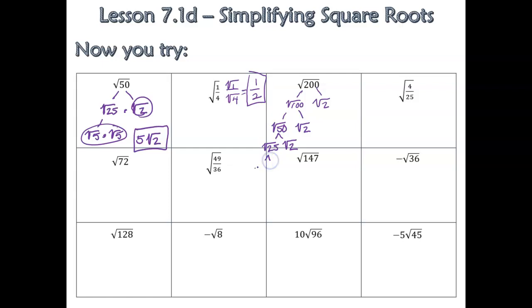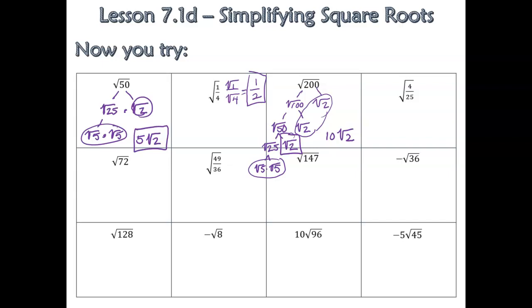This goes to 5, the square root of 5 times the square root of 5. Trees take up a little more room. So I have a pair of 2's and a pair of 5's. So I'm going to pull one for each of these. I have a 5 and a 2. 5 times 2 is 10 on the outside. This stays inside. So 10 root 2.